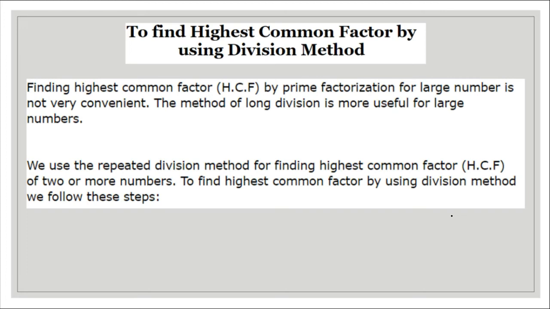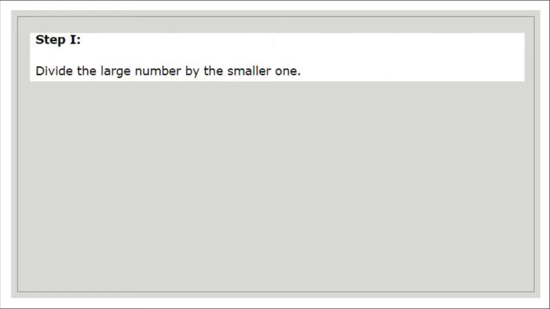To find the highest common factor using the division method, we follow certain steps. What are the steps involved? The steps involved are, we first divide the large number by the smaller one.